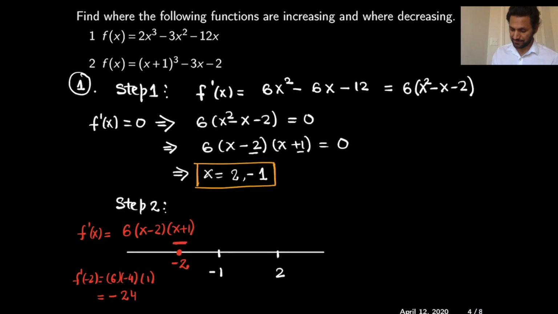That's all I care about. Then I will choose the point 0 here, because it's easy to calculate the value at 0. The derivative at 0 is simply 6 times -2 times 1, which is -12. So this is a negative sign here.